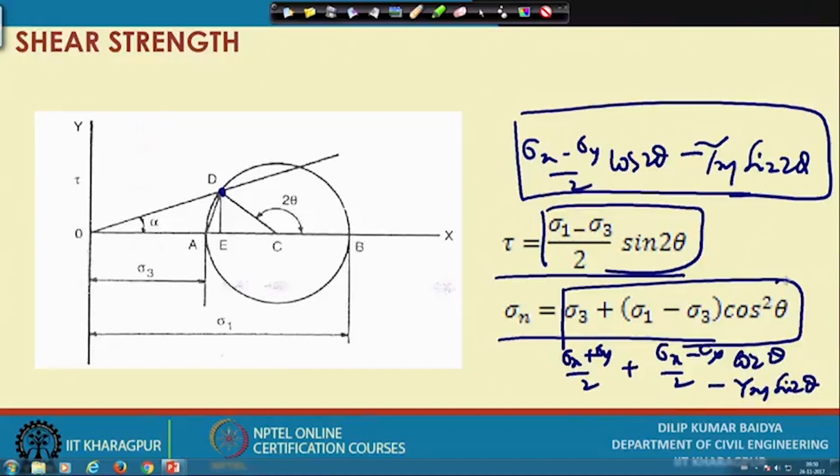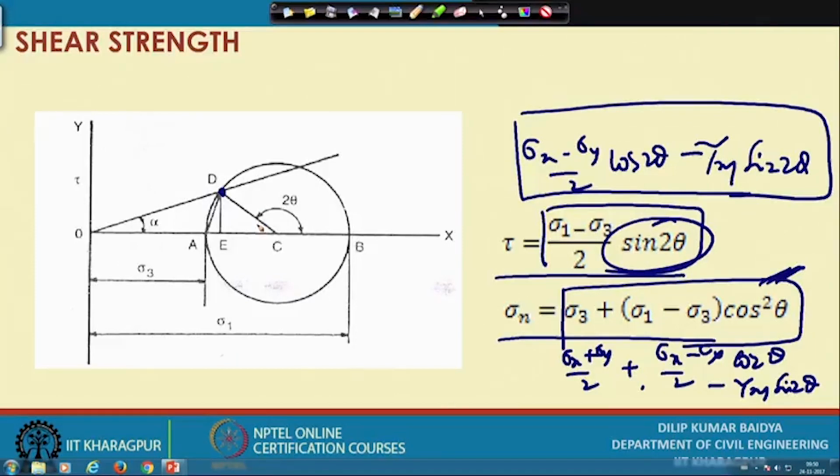Again, this is trigonometrically simplified. So whether these or these, they are the same, only this is expressed in double angle, and we have mentioned that whatever angle we see in the circle, on the plane it is actually half of that. If I imagine the 2 theta, the actual orientation of the plane is theta.